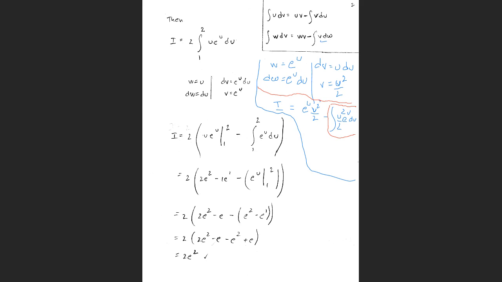If you let w equal e to the u and dv equals u du, and tried to do it that way, you wind up with this integral. Is this integral here harder or easier than the integral you started with?